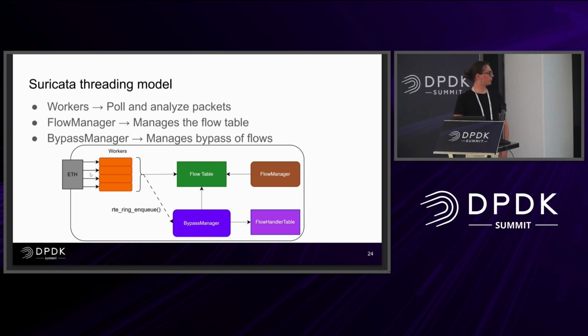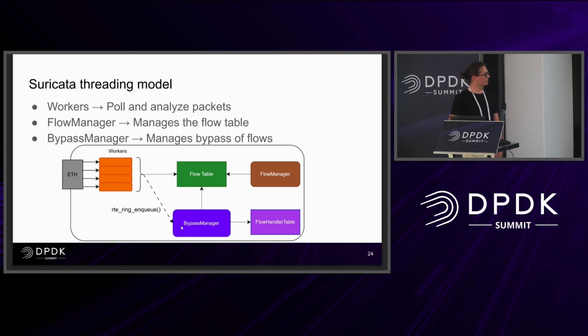The workers pull from the NIC, from the queues. We utilize RTE ring to send the information about these flows to the bypass manager. Also, the workers communicate with a global flow table that keeps the states of the flows.